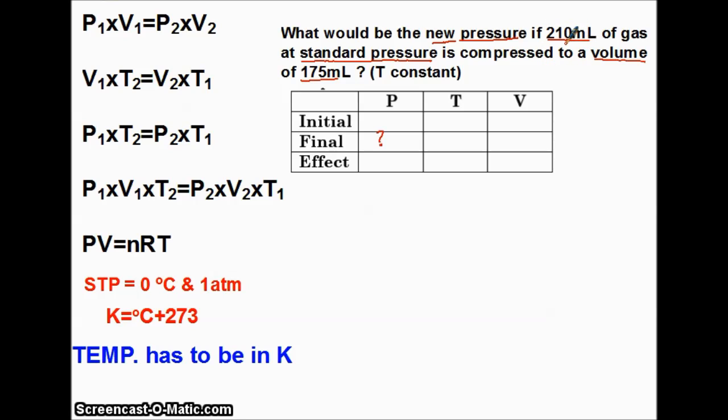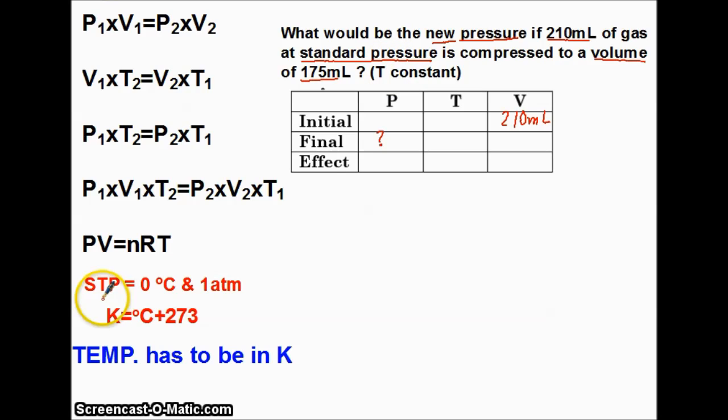Now we have to know, is it our initial volume or our final volume? If we read the question, we can figure out that that is our initial volume, 210 milliliters. Then it says standard pressure. Well, what does that mean?